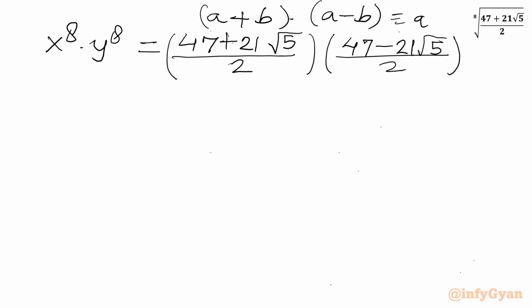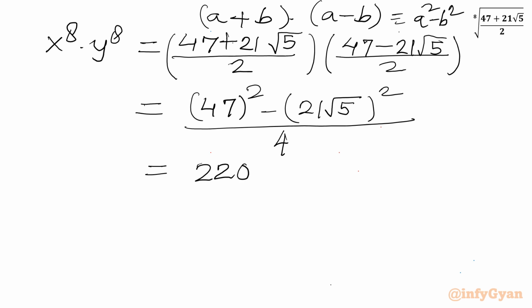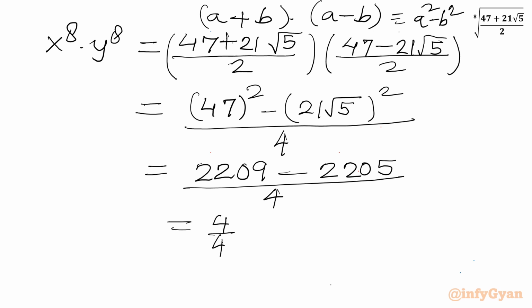In this place we can write a² - b². So I will write 47 whole square minus (21√5) whole square, and the denominator will be 2 times 2, 4. Now 47 whole square is 2209 and 441 times 5 is 2205, divided by 4, which will be equal to 4 over 4.